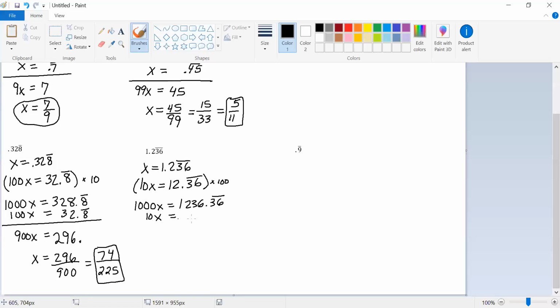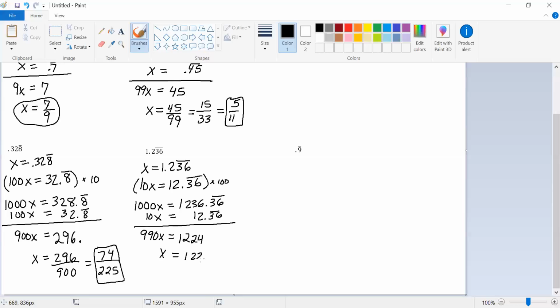We're going to subtract this same line, the 10x. Again, we're going to line up those decimals so that we get the 0.36s to cancel each other out. So when we subtract 1000 minus 10, we get 990x. And on the right, we get 6 minus 2 is 4. 3 minus 1 is 2. Bring down the 12. Those, of course, are 0.